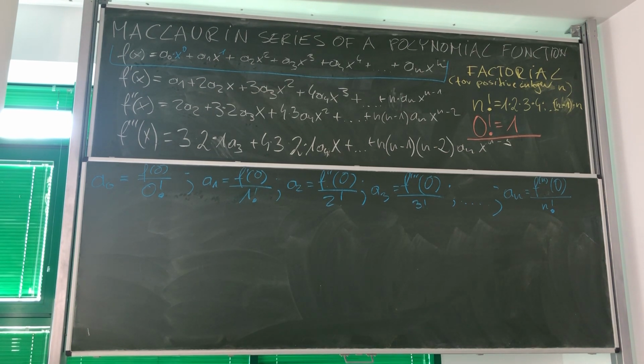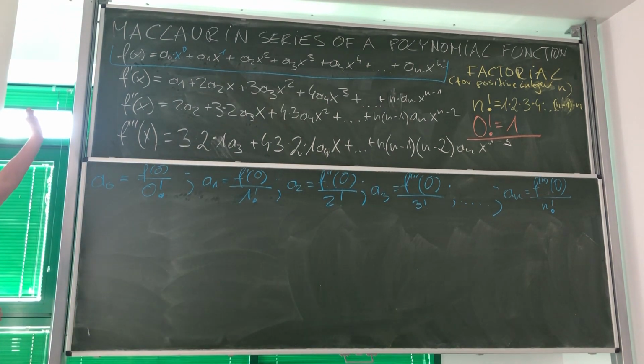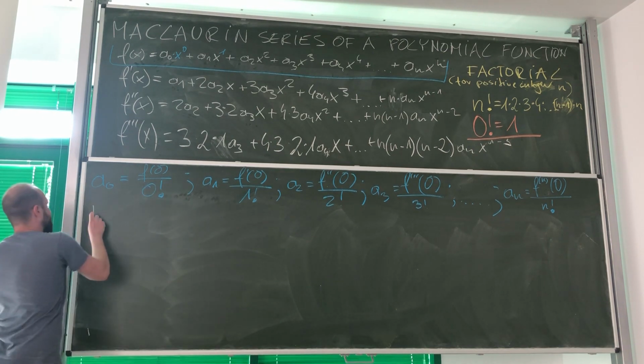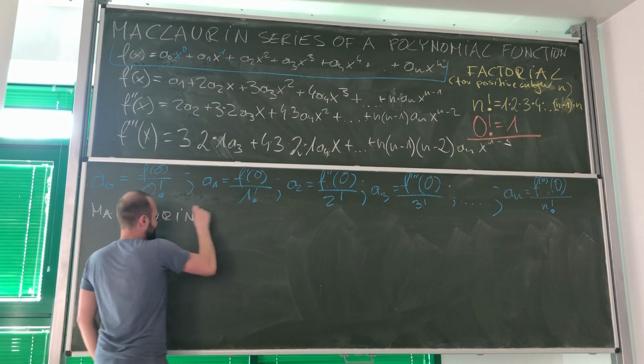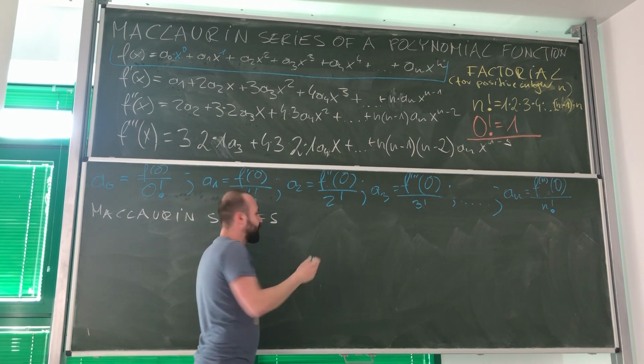Okay, and look, so now we can write that if this is our polynomial function, then the Maclaurin series of a polynomial function is.